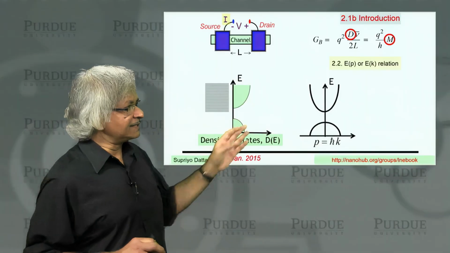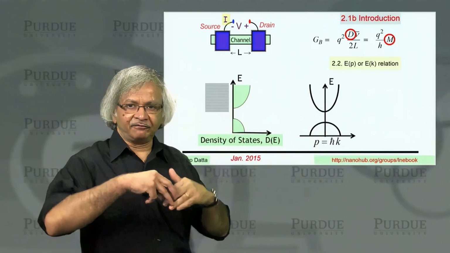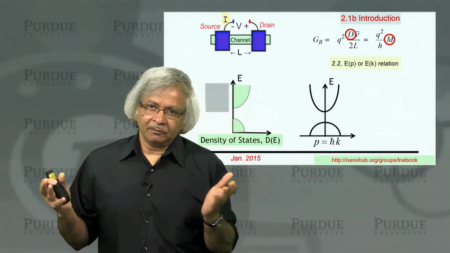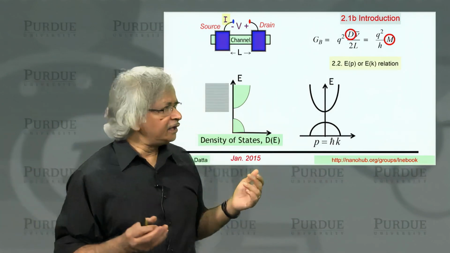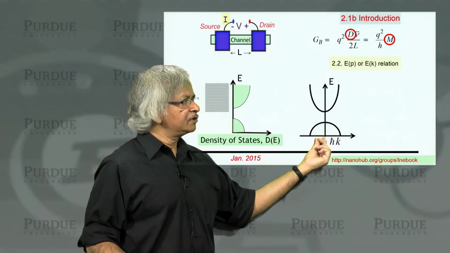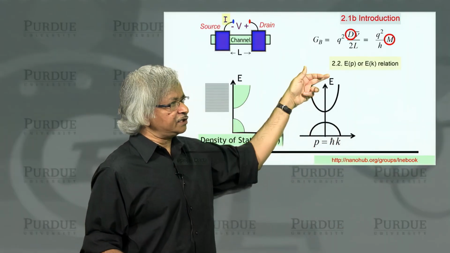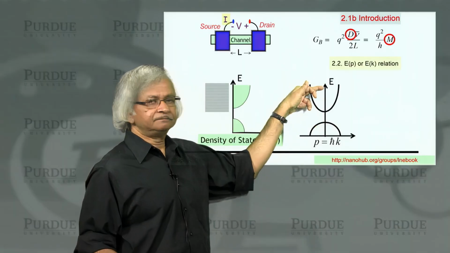Because here we are plotting energy versus momentum. Momentum is a vector that can in general point in any direction. Here we have just drawn, say, the momentum in a certain direction, where it can be positive or negative. And the energy is a function of that momentum.